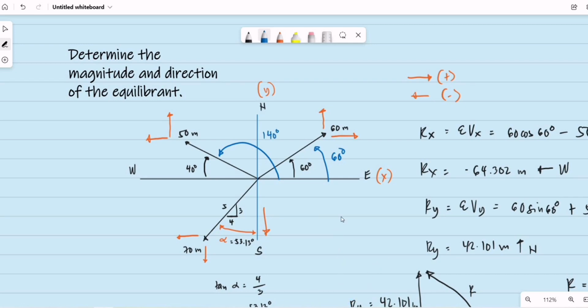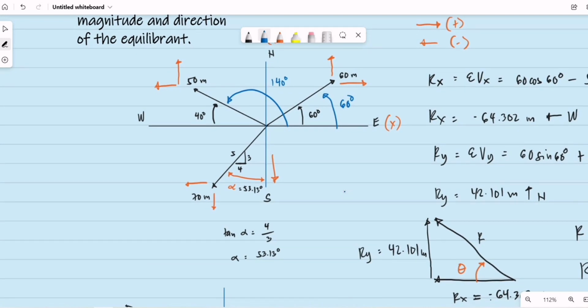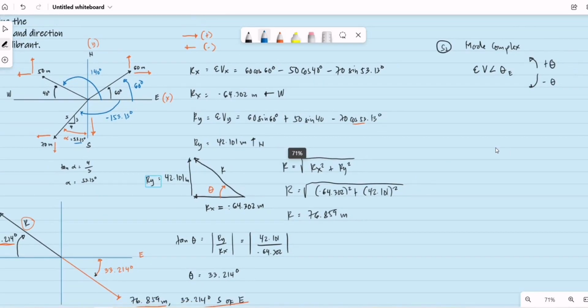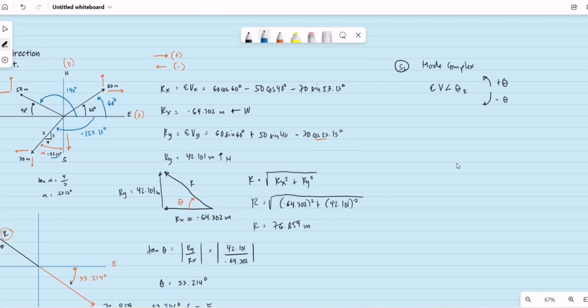Then for the 70 meters, its corresponding angle from the east direction is, if this is 53.13 degrees plus 90, that will give us 153.13 degrees. But again, if it is clockwise, this angle should be negative. So we'll be using negative 153.13 degrees.